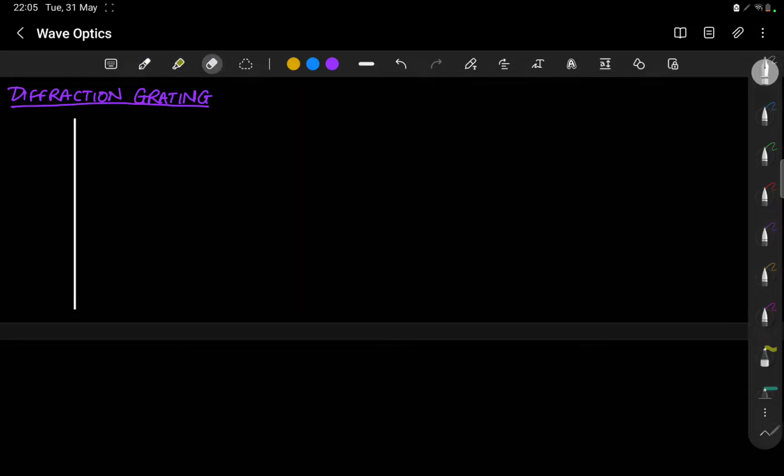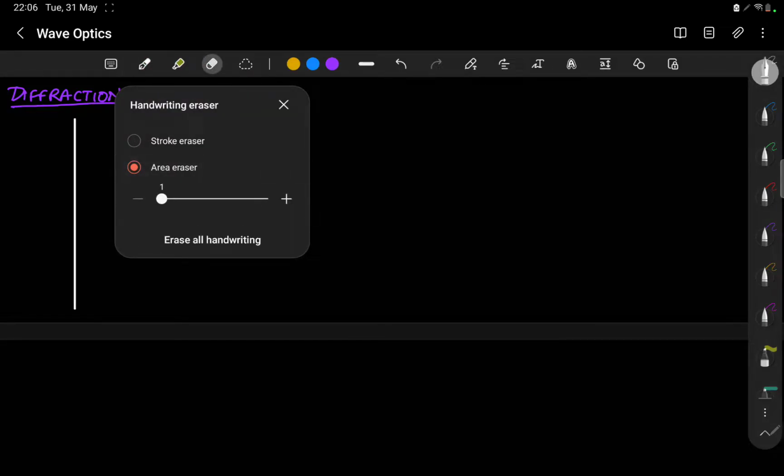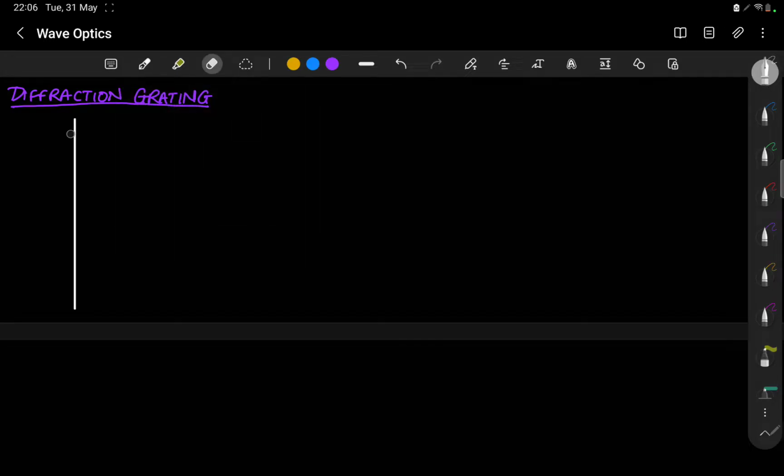basic n slits. So instead of double slit or 3 slits, we can consider diffraction grating to be a collection of n slits.